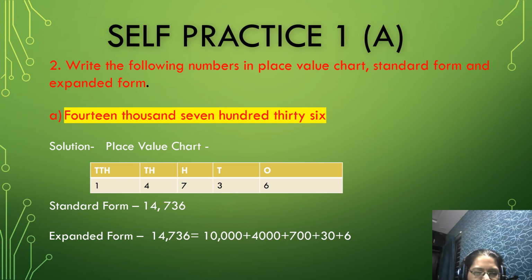So for 14,736 the place value is: 1 in the 10,000 place, 4 in the 1000 place, 7 in the 100 place, 3 in the tens place, and the unit place, ones place, that is 6.